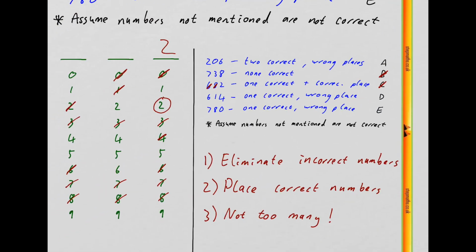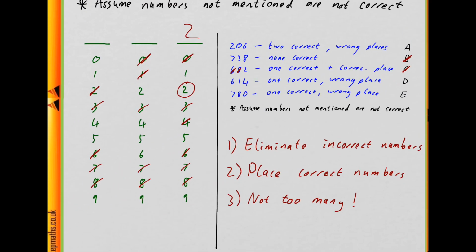In fact, you could start off trying any of them, but if you tried A or D, you'd see that either 0 or 6 is possible as the second correct option, and either 6, 1 or 4 is possible as the correct option from D. But if we look at E, 7 and 8 have already been ruled out everywhere. So if one of these digits is correct but in the wrong place, it has to be 0.